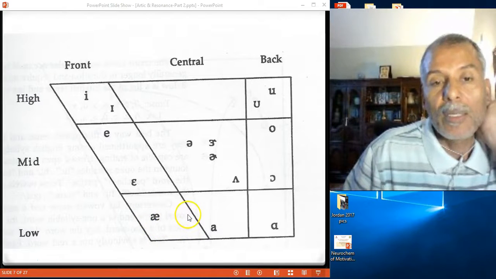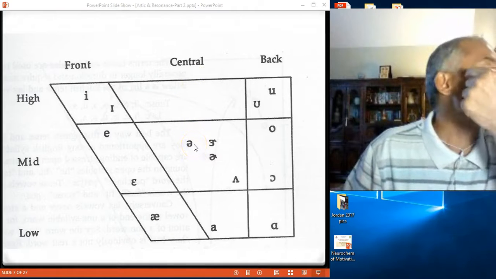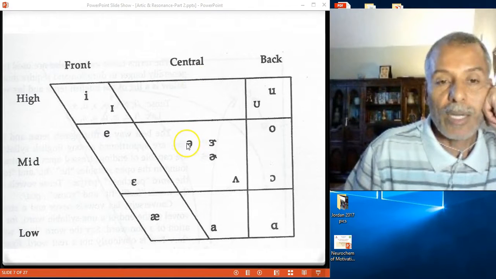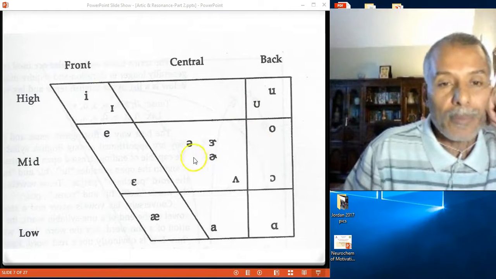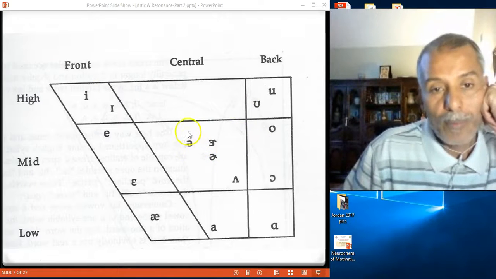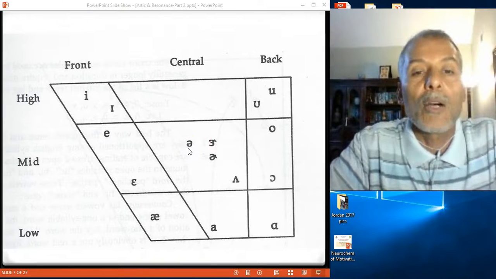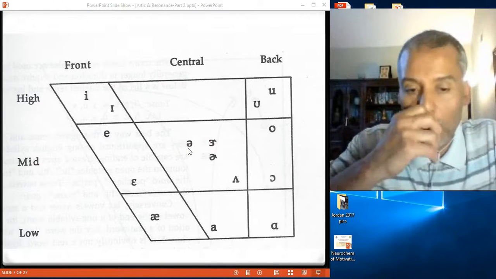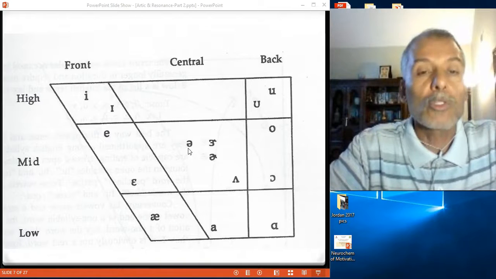And then we move on to the central vowels. Central means in the center of the vocal tract, as compared to the front or back. You have the schwa, which is the weakest English sound. It has the least energy when you produce it, and the vocal tract is almost close to neutral.